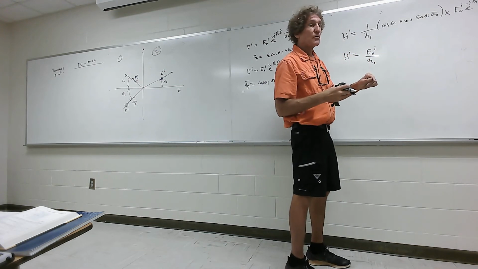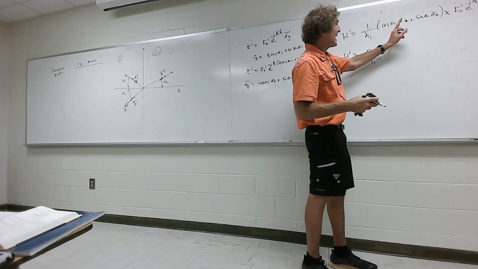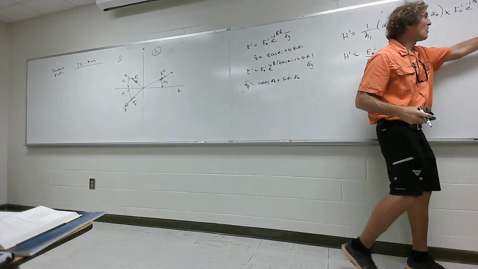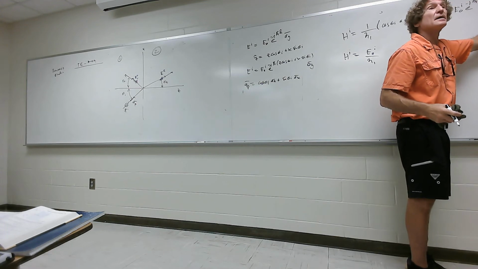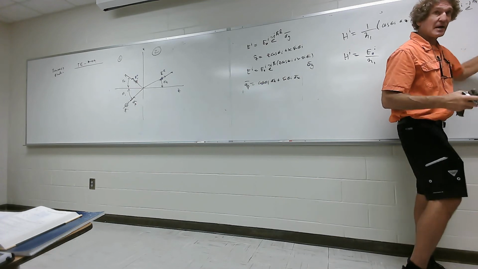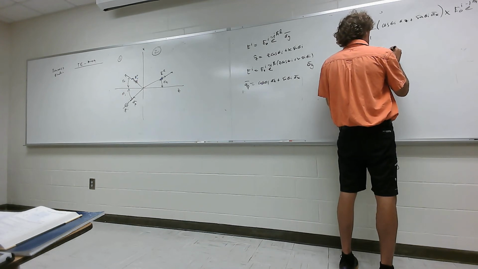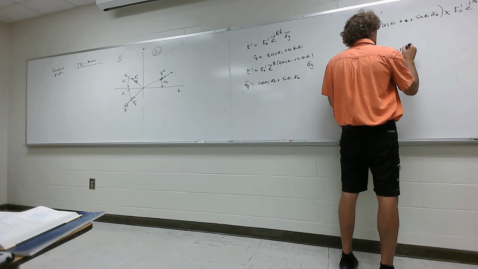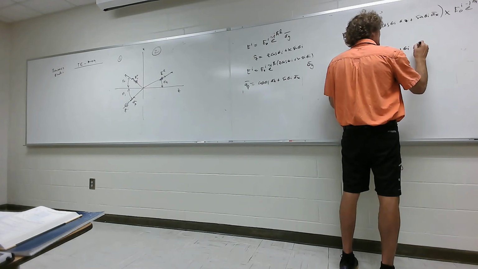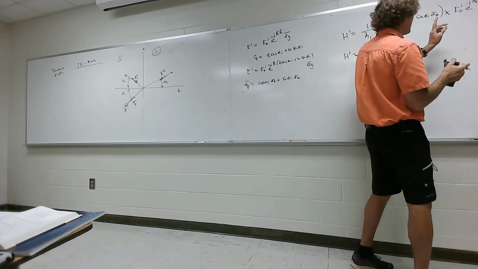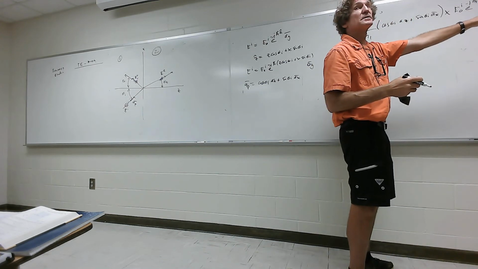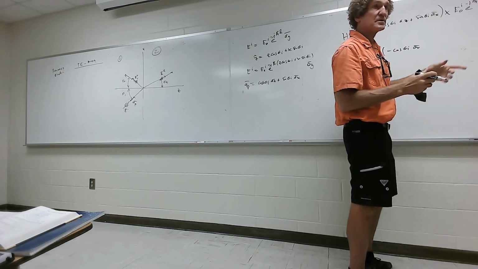Then I have to do this cross stuff. AZ crossed AY is minus AX, so the first term is minus cosine theta incident AX, and then I have AX crossed AY, which is positive AZ, right?